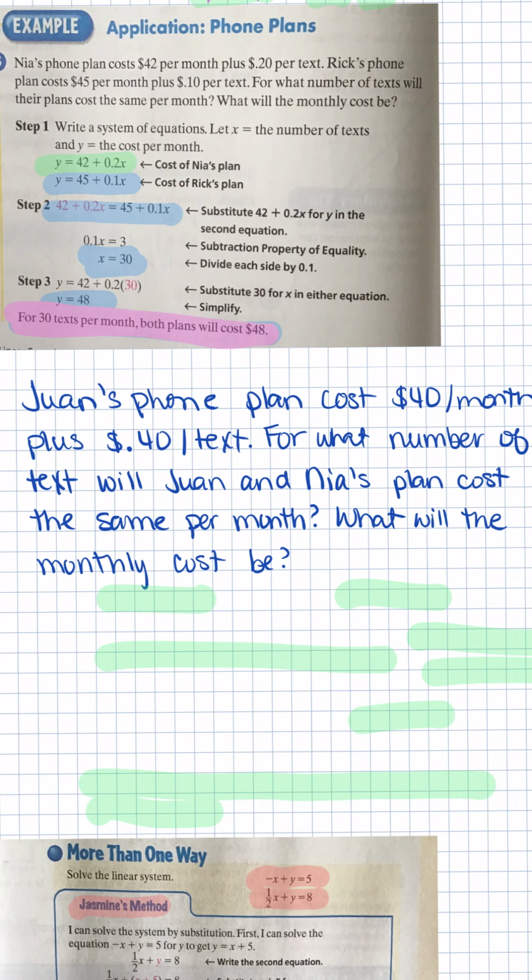First I solve the equation negative x plus y equals 5 for y to get y equals x plus 5. Then she substitutes that into the second equation, simplifies, divides each side, gets that x equals 2, and then she can substitute 2 into the equation to solve and get y equals 7. The solution is (2, 7).